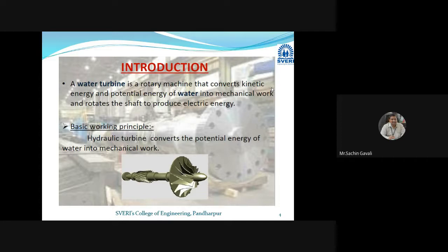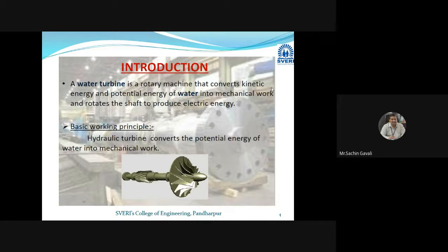These blades are connected to the shaft, therefore the turbine shaft will rotate. If this shaft rotates in the presence of a magnetic field, then electromotive force, EMF, is generated.